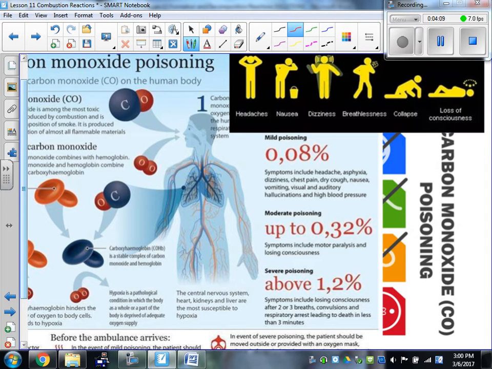It's very, very dangerous, and it can happen in furnaces in your house too, so you should have a carbon monoxide detector. It's not very common anymore, so I wouldn't freak out too much, but it still does happen occasionally.